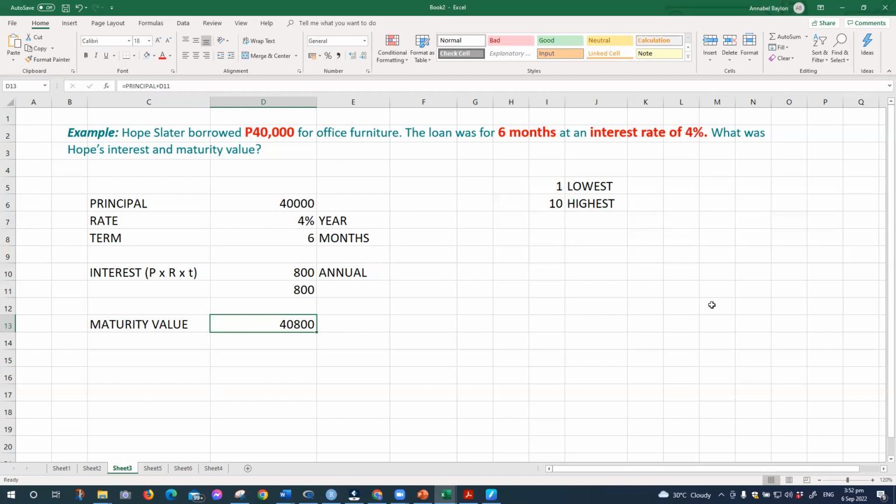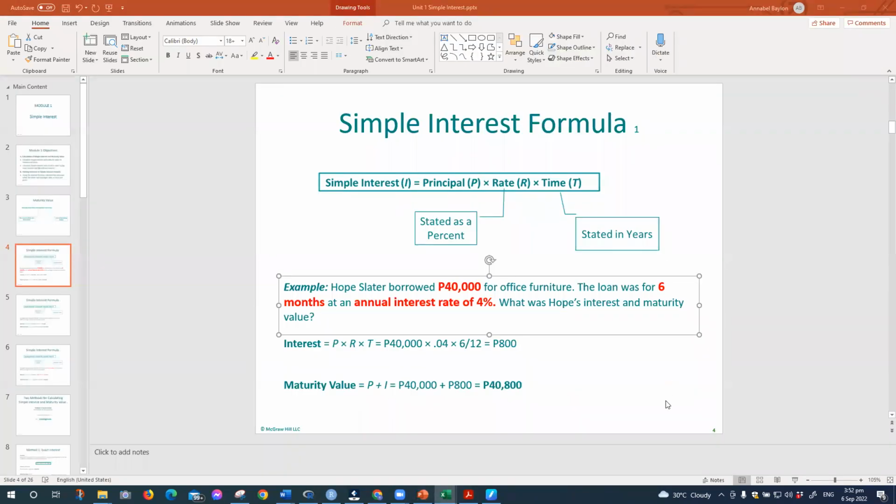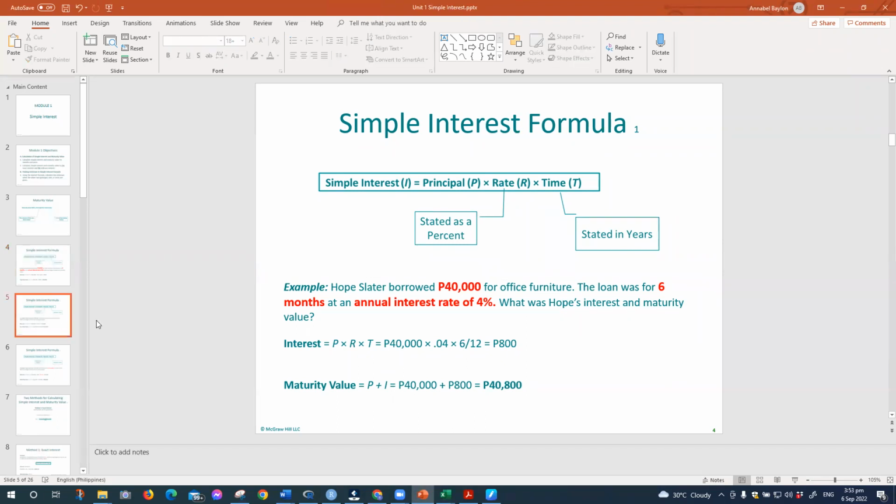And of course, we can compute it by adding the principal and the interest. Okay. All right. So check natin kung pareho yung answer natin. Dito, 800 yung interest, and then maturity value is 40,800. The same.